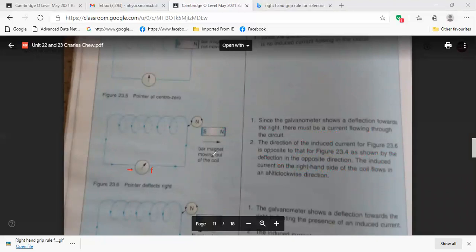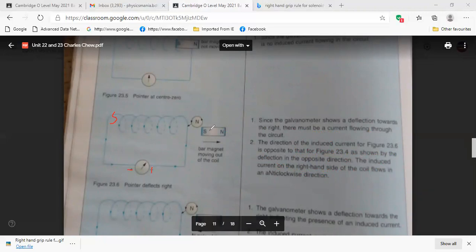What will happen? Again, we will have induced EMF, induced current in the opposite direction. And that's why, according to right hand grip rule, we will have the opposite pole. At the end of the solenoid, right side will get north pole and left side will get south pole. Is it clear? Yes, sir.